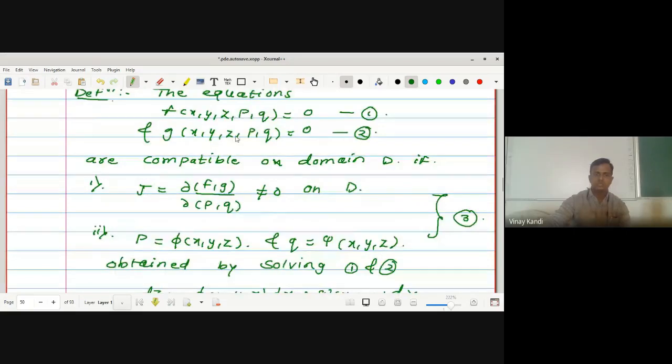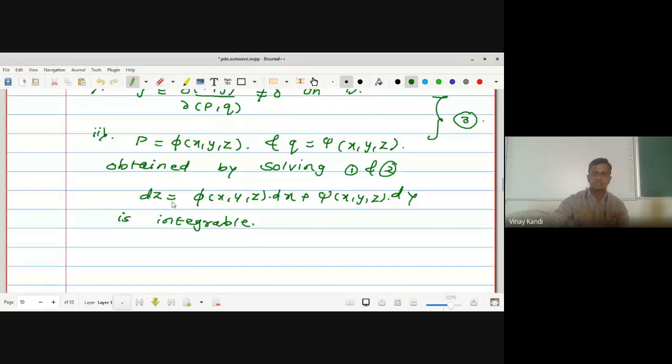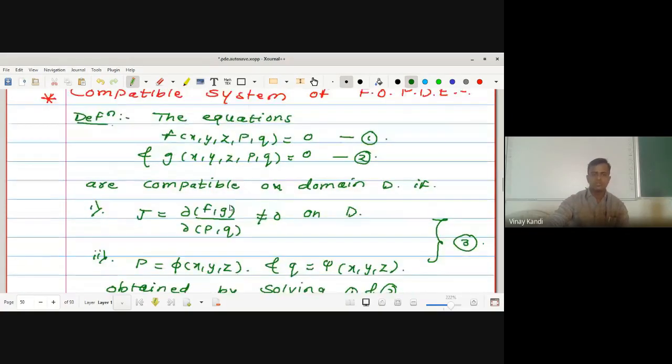Now solving these two equations, we get the values of p and q in terms of x, y, z, such that dz is equal to p dx plus q dy is integrable. If this differential equation is integrable, then we say that these two functions are compatible.